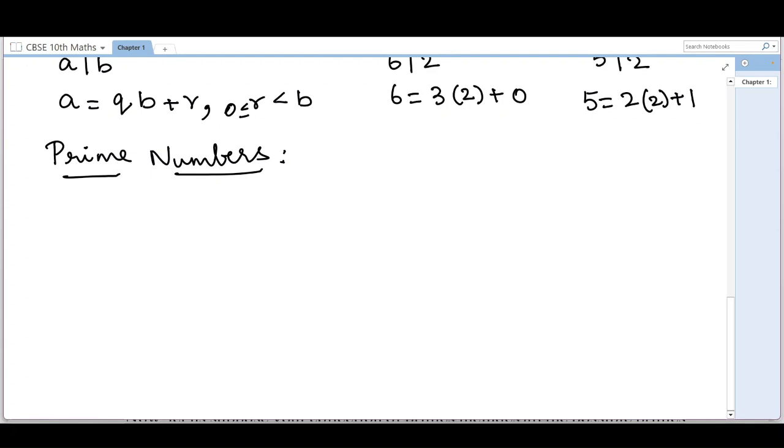Any natural number greater than 1 whose divisors are 1 and itself only, we call that number a prime number. Examples of prime numbers are 2, 3, 5, 7, 11, etc. We have an infinite number of prime numbers. If you take 2, the only divisors of 2 are 1 and 2. If you take 11, the only divisors of 11 are 1 and 11.